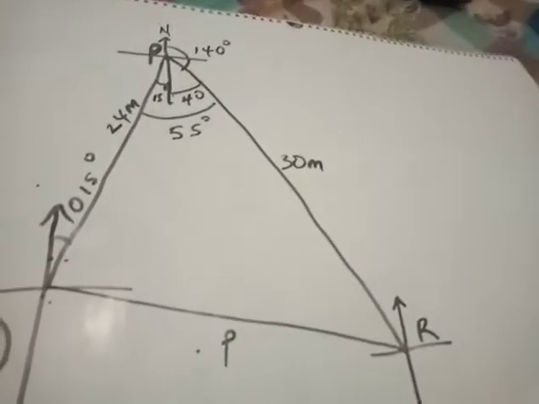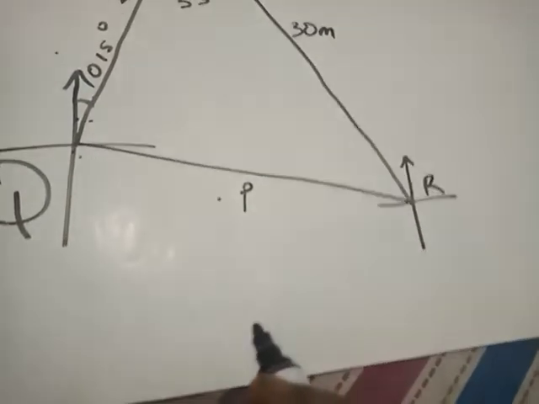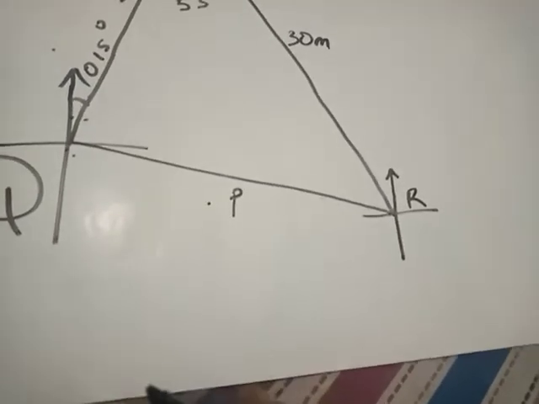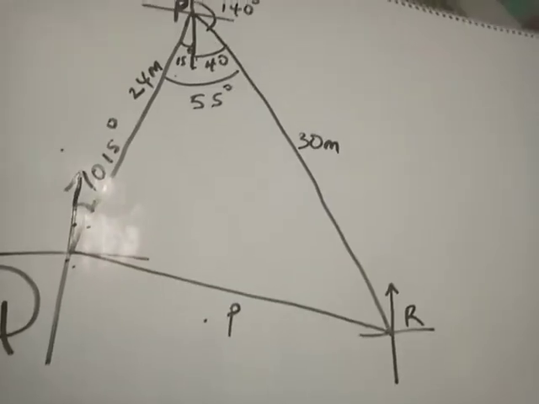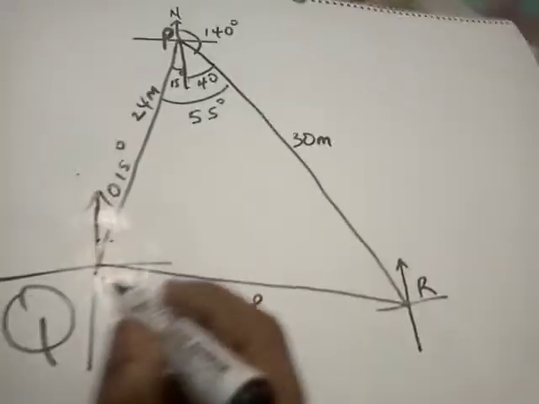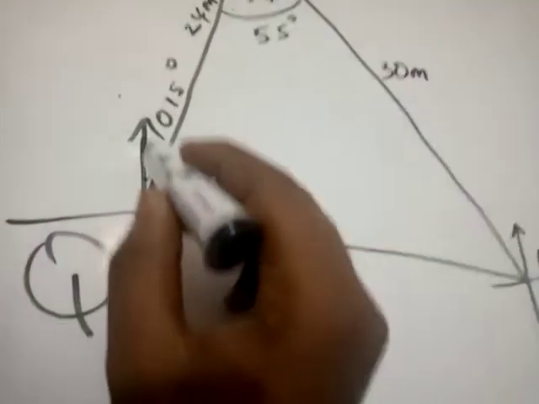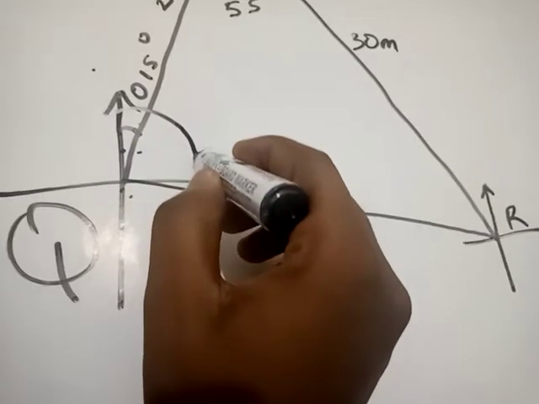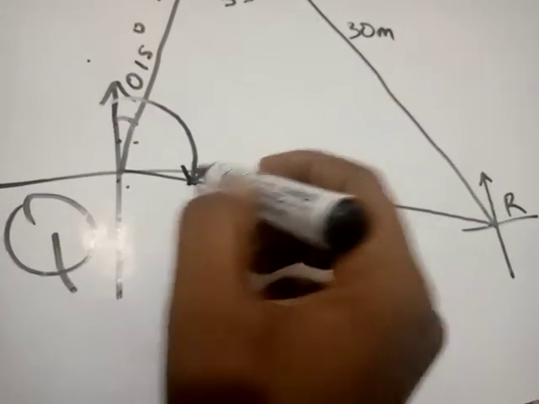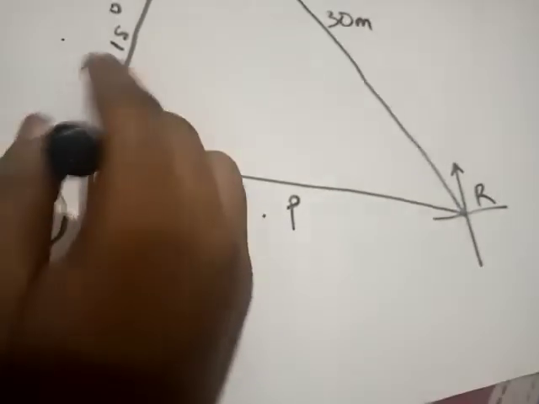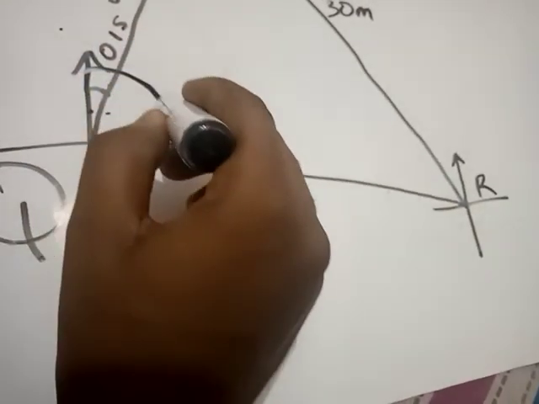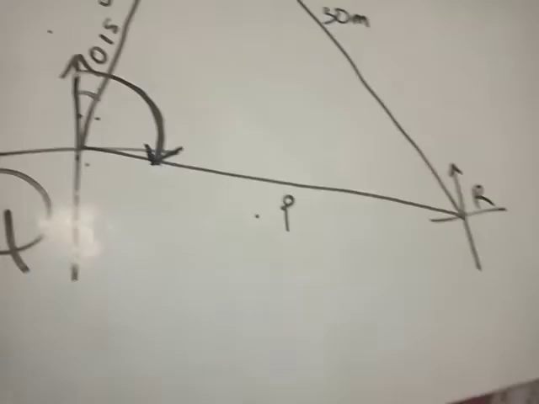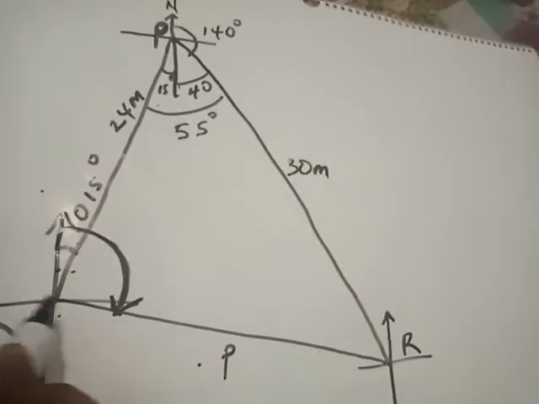The second question says we should find the bearing of R from Q. So it means from Q, this is the bearing of R from Q. Starting from the north axis, we're looking at the angle it takes for us to get to this.